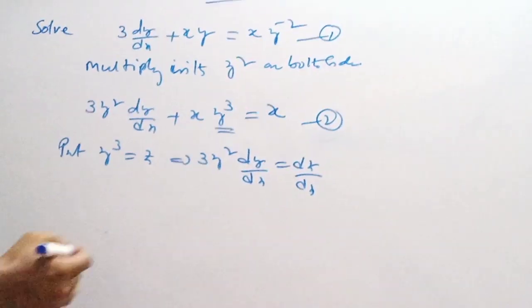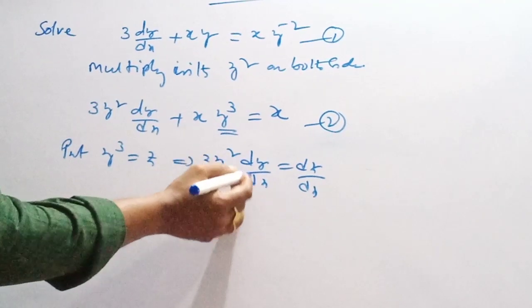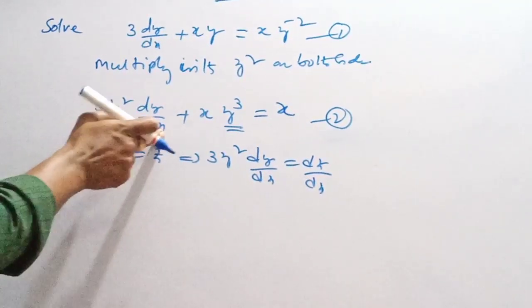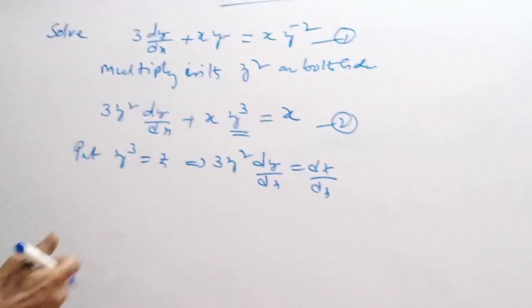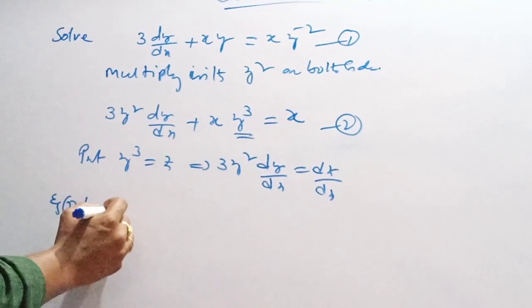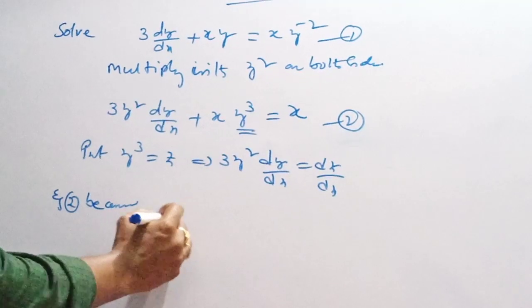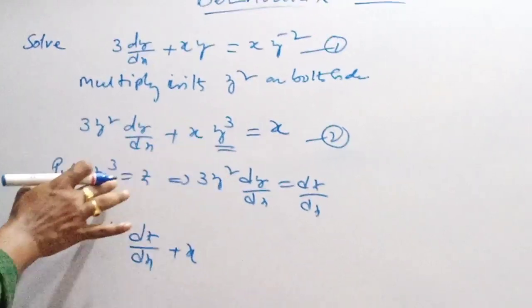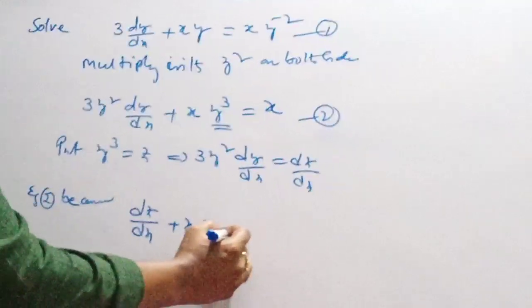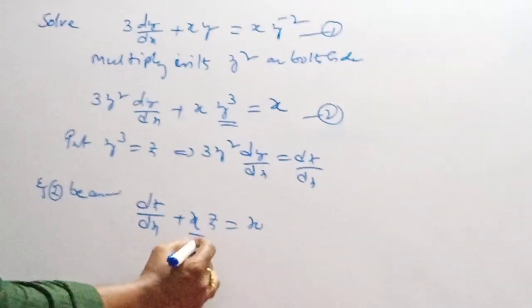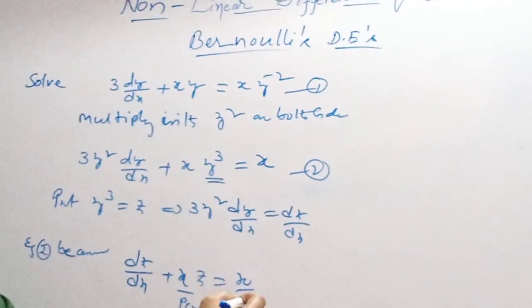So equation 2 becomes, again you observe the 3y square dy by dx term. The first term, 3y square dy by dx, is replaced by dz by dx. So equation 2 becomes dz by dx plus x into y cube, replaced by z, equal to x. So this is P of x and this is Q of x.